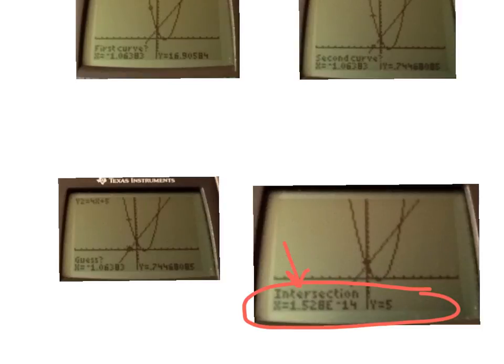Now, does anything feel off to you? We said when we did it by hand, we got the point (0, 5). Well, sometimes on the graphing calculator, based on our pixel error, it puts it in scientific notation. Does common sense tell you that if you're on the y-axis here that your x value should be 0? I hope so. And you'll notice this number really isn't 1.5. It says 1.528 e to the negative 14.